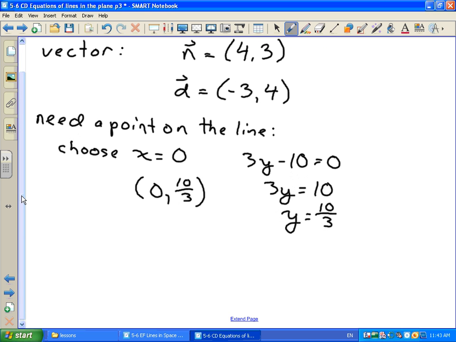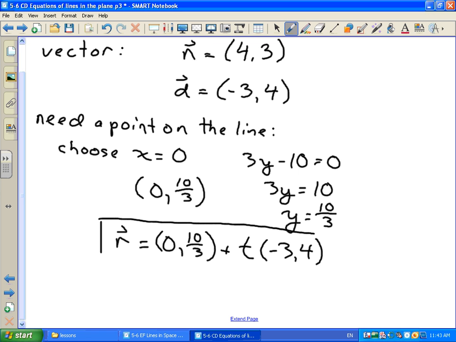So we just have to put these two things together. Our vector equation is going to be 0, 10/3 plus t times our direction vector, which was -3, 4. And that's our vector equation.